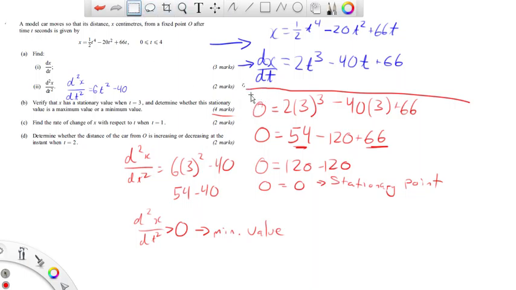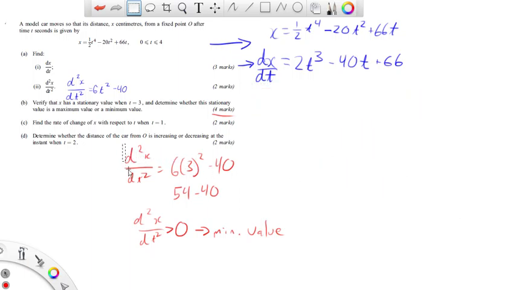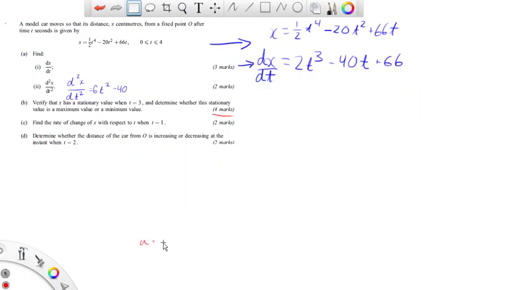So I'm going to get rid of all this stuff for part B, just so we can look at part C, and I have some room to play around with that. Rate of change of x with respect to t. If you write it out when you say it, you can easily see that that's dx/dt. That's exactly what we had.